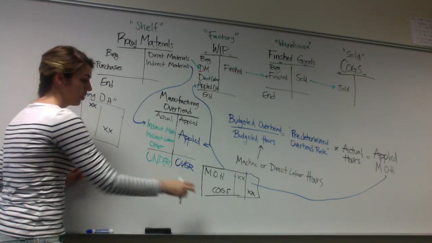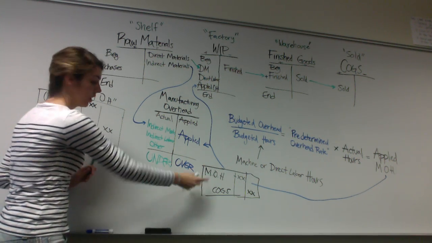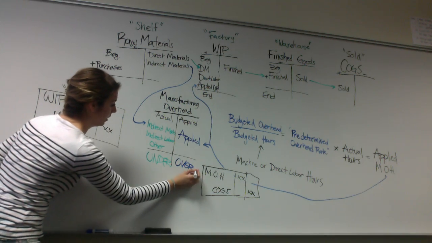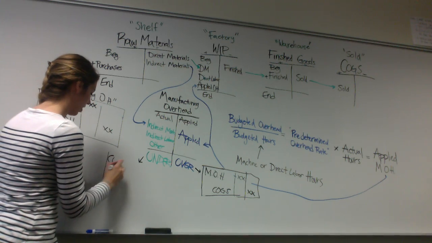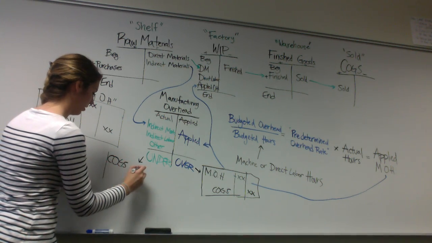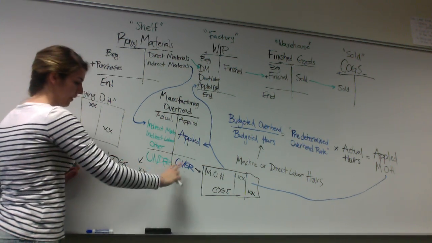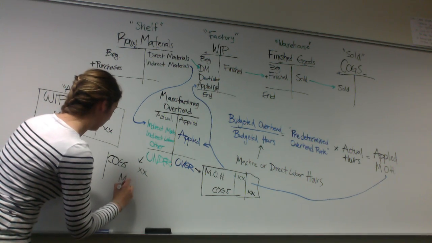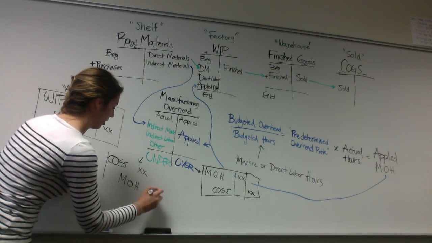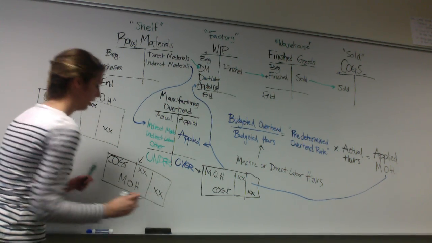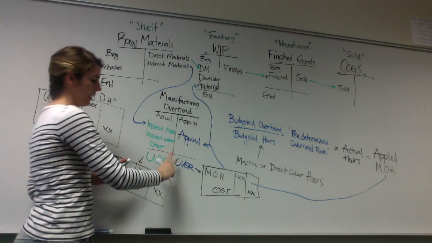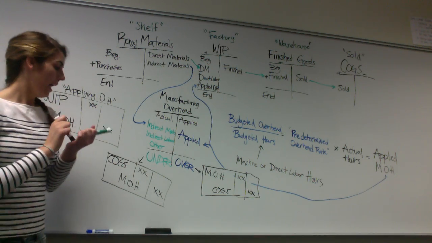So it's just going to be the opposite of this journal entry here. So if we're under applied, then we're going to do a debit to COGS for the difference, and then we will credit manufacturing overhead. Because again, we're just trying to get this difference to be zero.